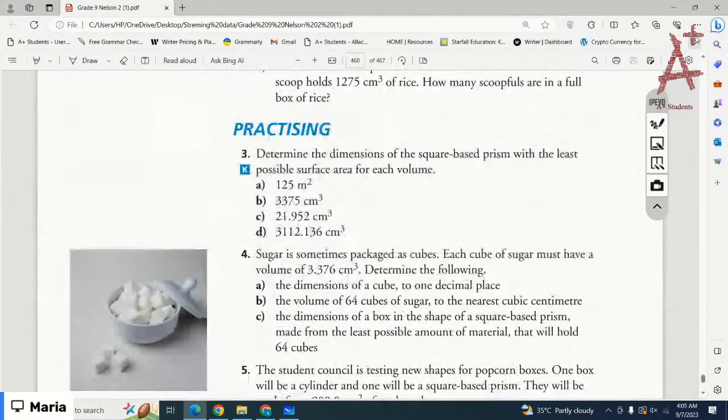Let's just start with the practice questions. Determine the dimensions of the square-based prisms with the least possible surface area for each volume.